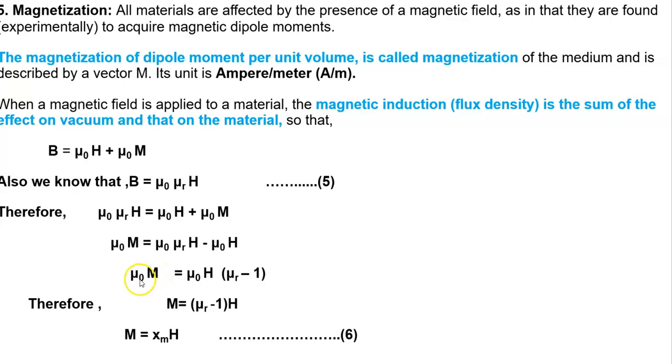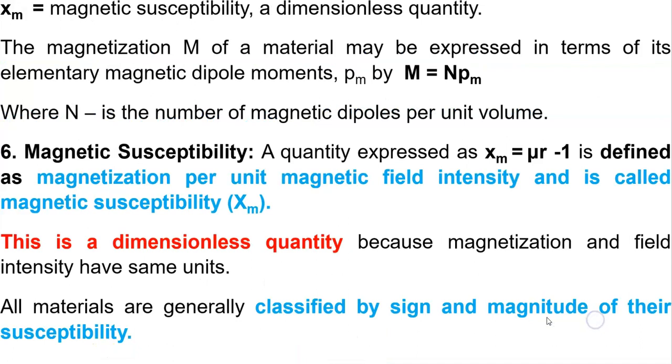The mu 0 will cancel, so M will be equal to mu R minus 1 into H. In the last session we saw that mu R minus 1 is the susceptibility. So you can write M is equal to susceptibility into H. Remember this formula for solving problems. So that is about magnetic susceptibility, and we have seen the difference between permeability and susceptibility.